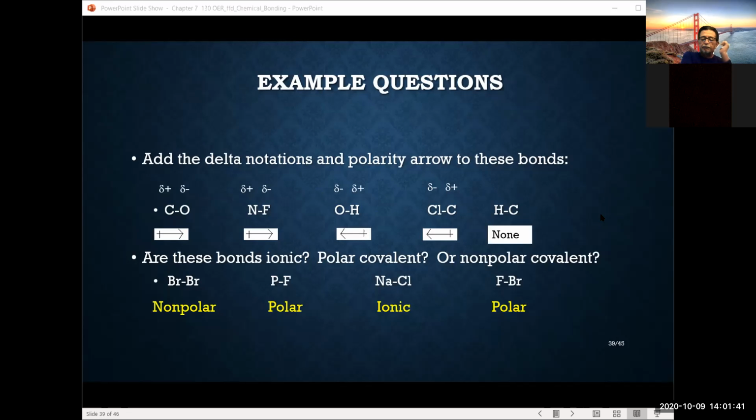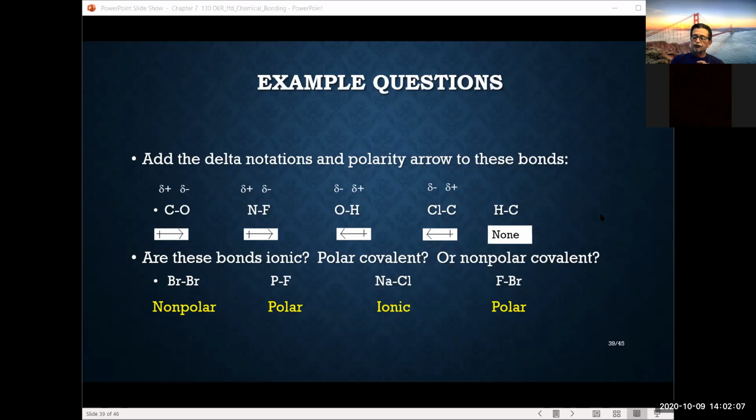The question here was how many bonds are ionic, and which ones are polar or non-polar? Well, based on the definition of the two types of compounds, ionic versus covalent or molecular, ionic bonds require a metal and a non-metal, and so the only one here is sodium chloride. Which means that the other ones must be covalent, excuse me.